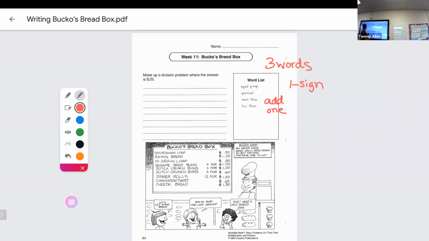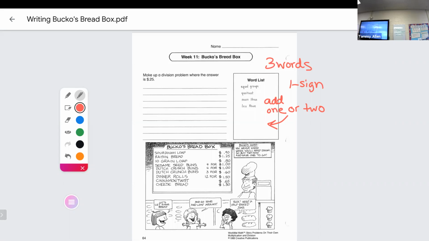Or 2, if you think there's better words to use for division. You're making up a division problem where the answer is 25 cents.